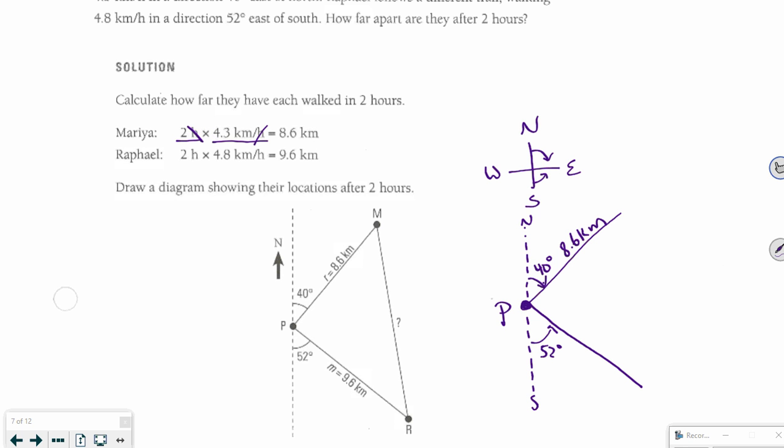That's going to be his line. And his line is 9.6 kilometers long. The question wants to know how far apart are they after 2 hours. So after 2 hours, Mariah is standing right here. And after 2 hours, Raphael is standing right here. The difference between them is going to be this side right here. We need to know this distance.